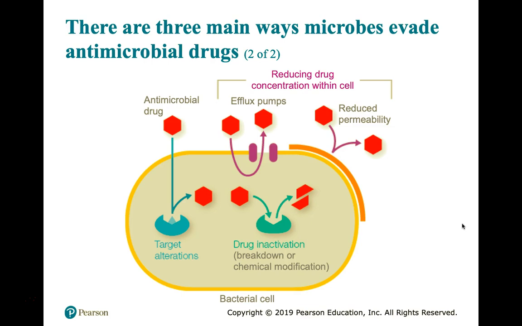For bacteria, as long as they can pump the antibiotics out as fast as it enters to keep the concentration low, then they will survive longer because the concentration never gets high enough to kill them. These are all really great ways of bacterial cells blocking or preventing antimicrobials from being effective.